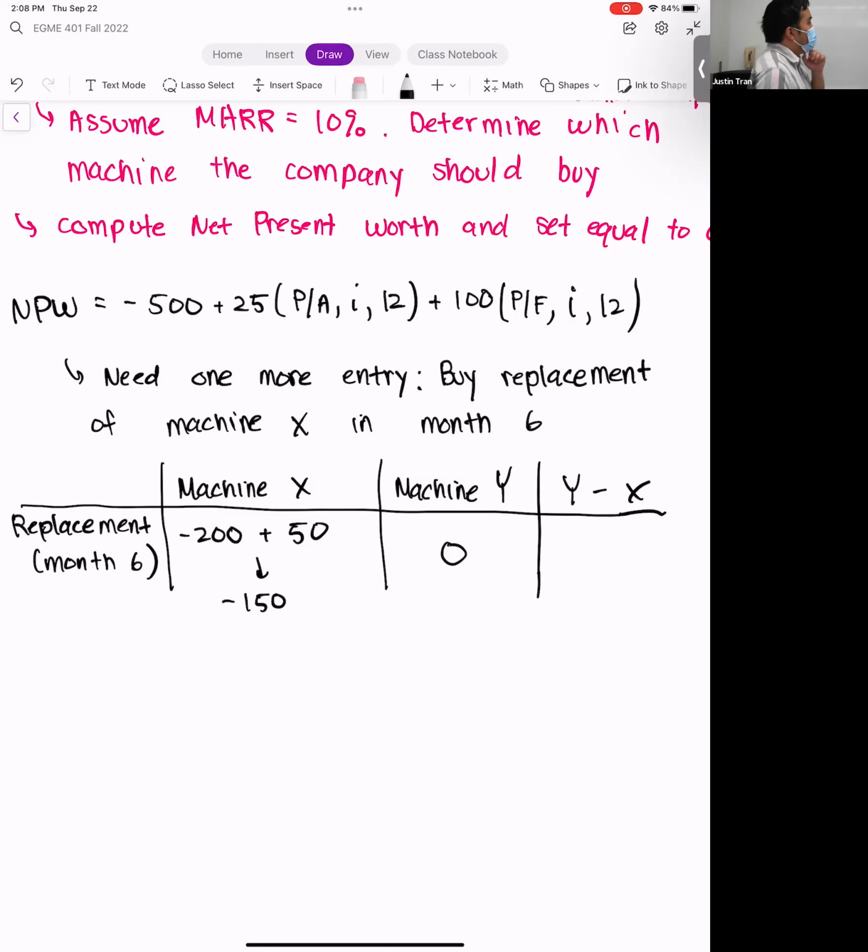For machine Y, we don't have to replace it. Machine Y is going to take us all the way through the 12 months. And so if we go with machine Y, there's no additional cost in month 6. Okay, and so if we take the difference between these two, Y minus X, the replacement cost for Y in month 6 is going to be 0, and then we minus the negative 150 for machine X, and so what we get in the end is positive 150.